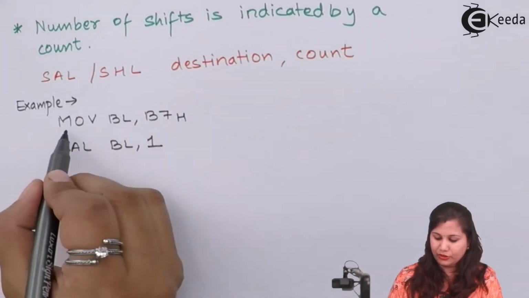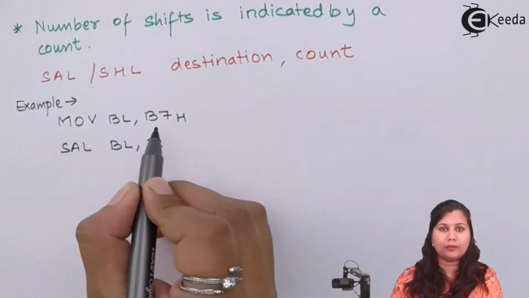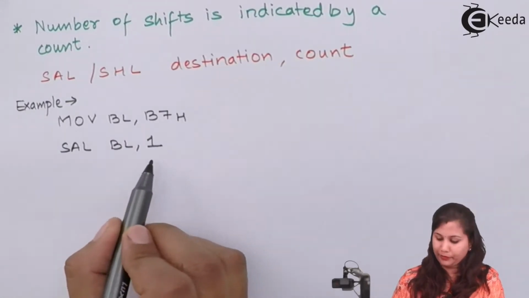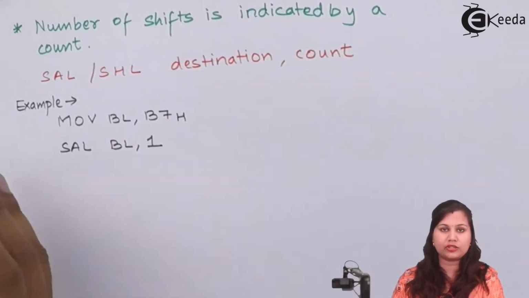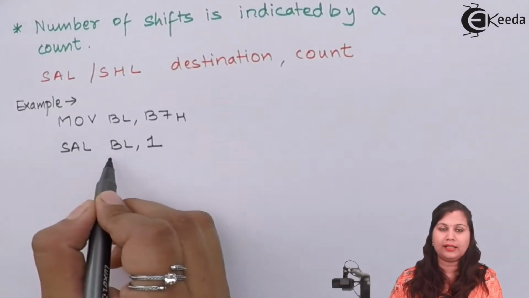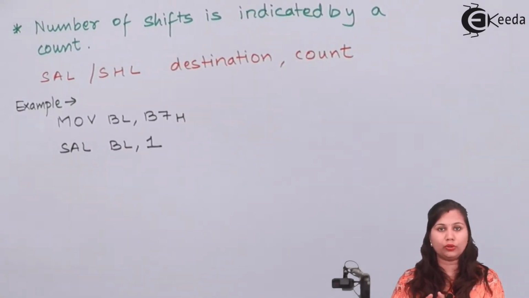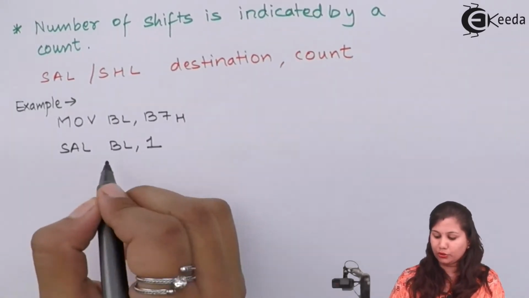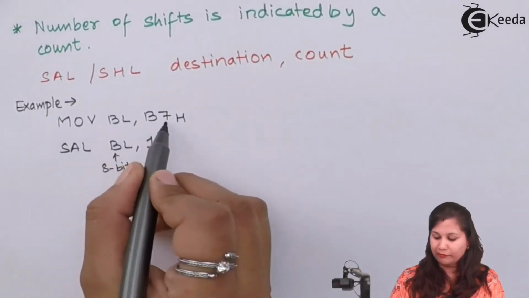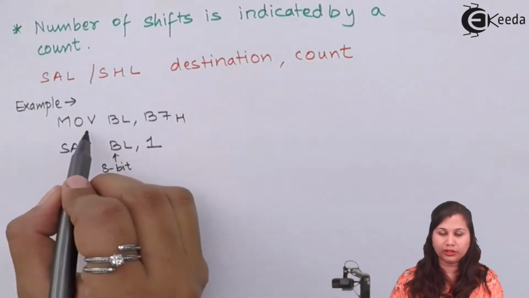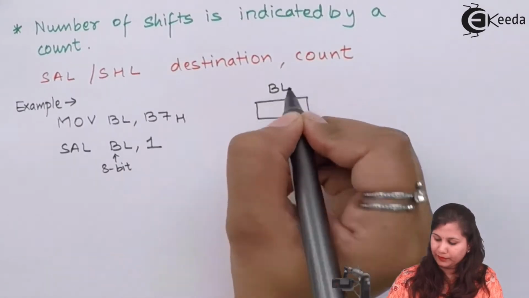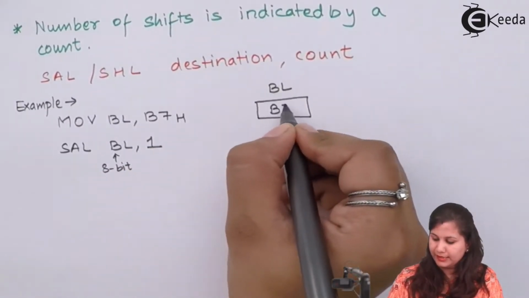We have written the instruction here: MOV BL, B7H, then SAL BL, 1. Here we want to shift the data to the left side, and we are shifting the register BL, the lower order base register, so it will be 8-bit data here. First we have moved the data B7 into BL, so this BL register will have the data B7.